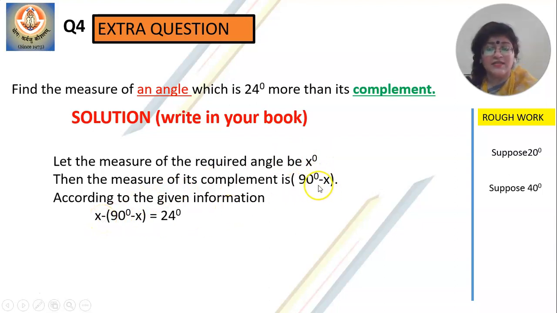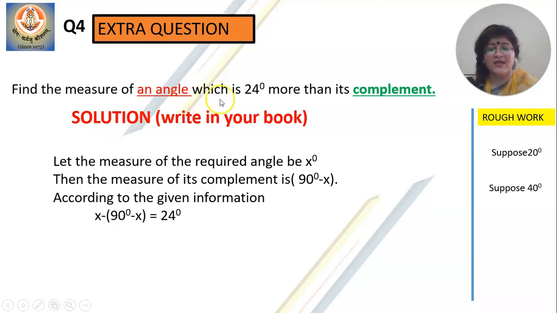Then this is the smaller angle, 90 minus x, and this angle is more than this. Whatever is more, you're going to write first, more than its complement. That means we are talking about the difference of the angles. So the difference between the angles is 24 degrees. So here you will write x minus (90 minus x) equal to 24 degrees. This step is very important. I hope you have understood this.